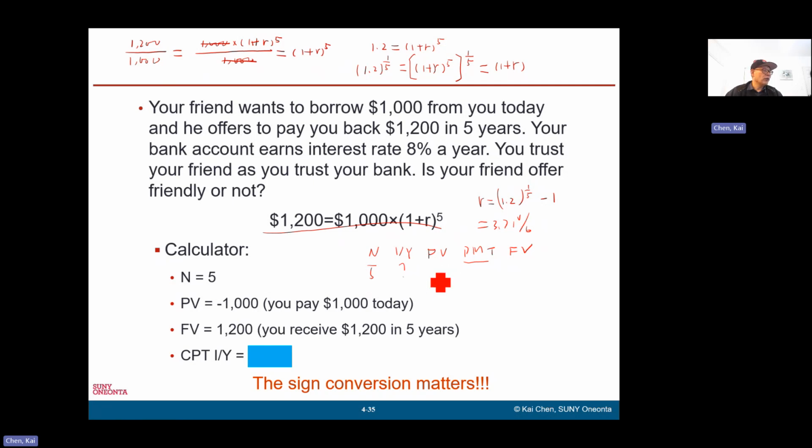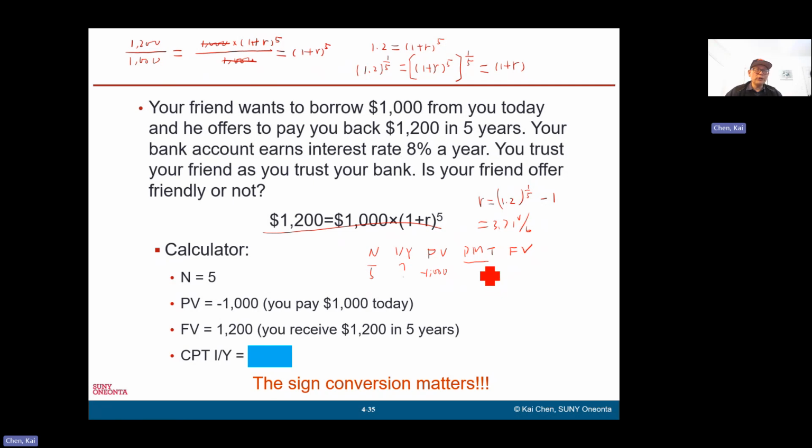Present value is 1,000. Of course, we have to differentiate the directions of present value and future value. Just as I said, we usually define present value as negative. And the payment is 0.